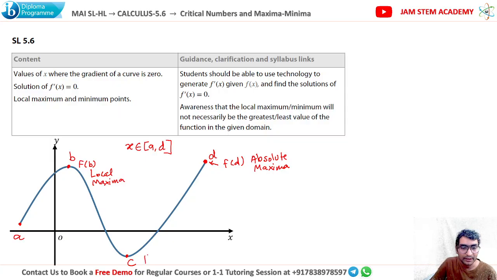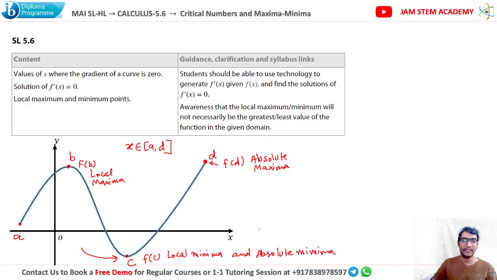Similarly for c, the value of the function will be f(c), which is the local minima, and this part is also the local and absolute as well. You can compare it with other values. Here we have the absolute minima and absolute maxima both the same. So yes, it is also possible, right?